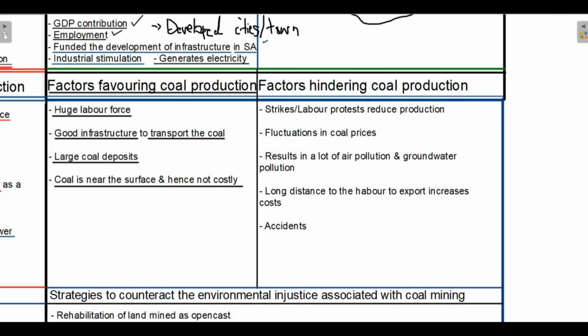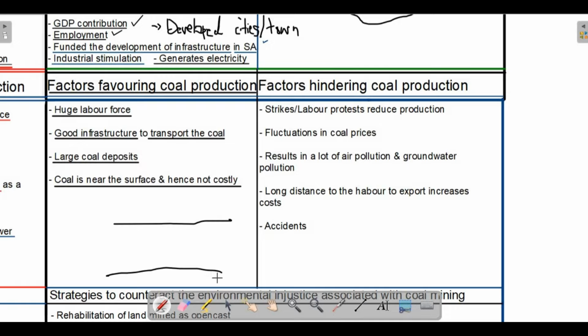And then coal is found near the surface, and hence it is not costly. Okay, so it will cost you a lot to get a mineral that is a lot of kilometers beneath the surface, because you have to dig, and that's taking a lot of resources, taking a lot of work, and that will cost you a lot of money. Compare that to a mineral that is close by, that is near the surface. Makes it easy for everything. Okay, means it is relatively cheaper to mine coal.